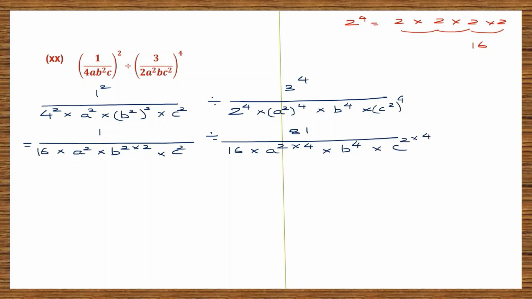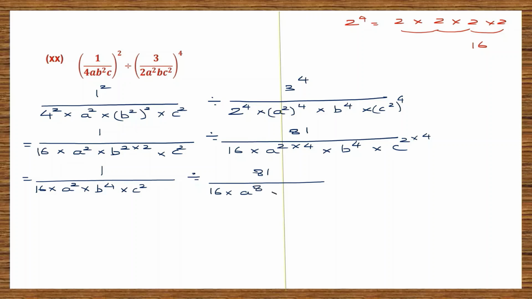So this is equal to 1 by 16 into a to the power of 2 into b to the power of 2, 2s are 4 into c to the power of 2. This is divided by 81 by 16 into a to the power of 2, 4s are 8 into b to the power of 4 into c to the power of 2 fours are 8.